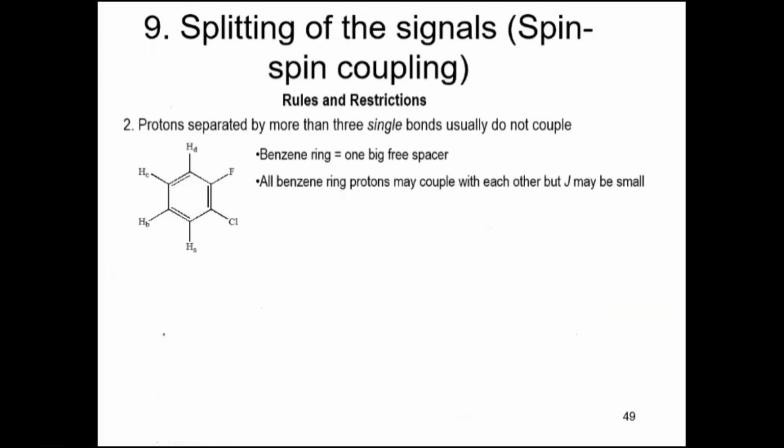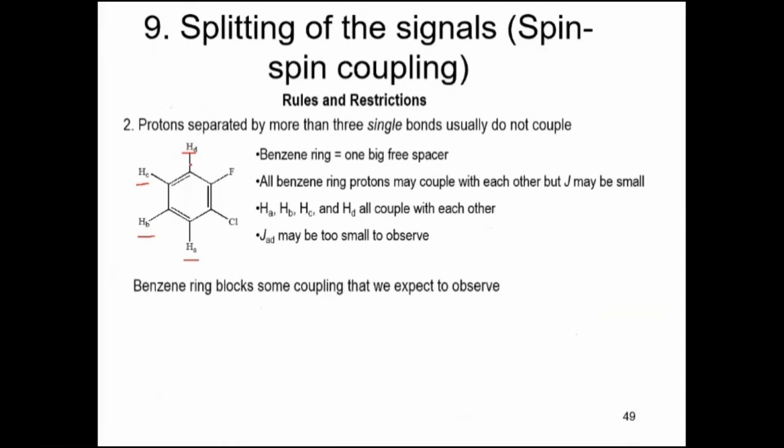So all benzene ring protons may couple with each other, but the J value is too small. HA, HB, HC and HD all couple with each other. Now J between A and D will be very small to observe. So it is as good as one big signal.